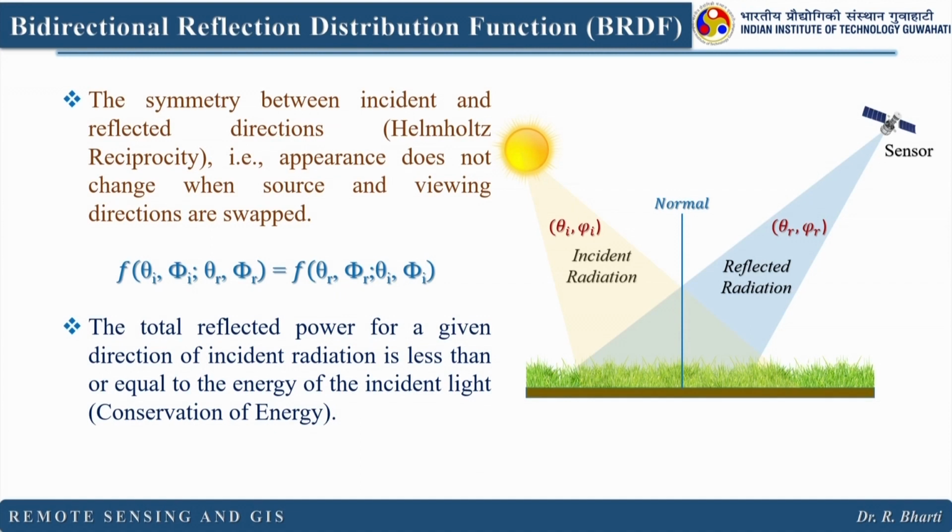The total reflected power for a given direction of incident radiation is less than or equal to the energy of the incident light. Here it is very important to recall our basic physics. What happens when the sun is illuminating this particular surface?